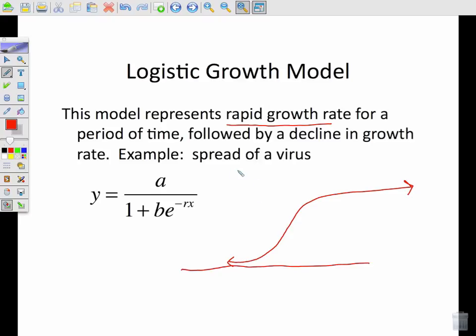This might be your x and your y-axis. Again, you don't have to be concerned about the a, the b, and what each of those variables represent, but just knowing what the model looks like, and you'll be given a lot of the information in your problems with this model.